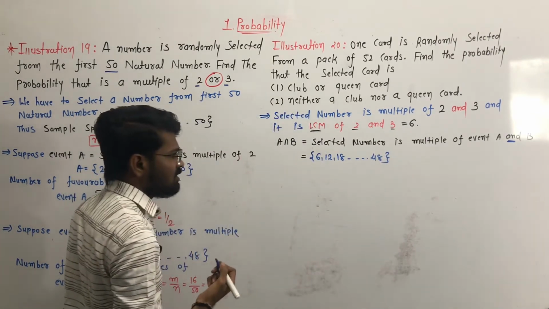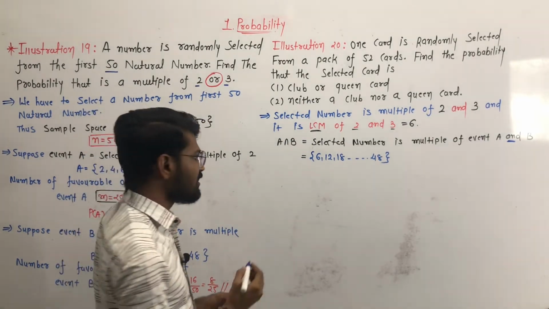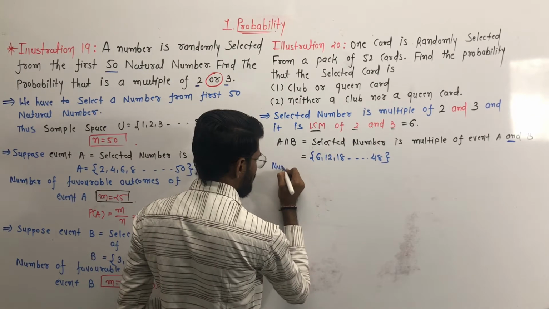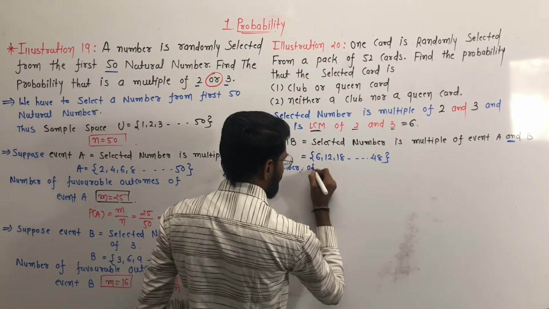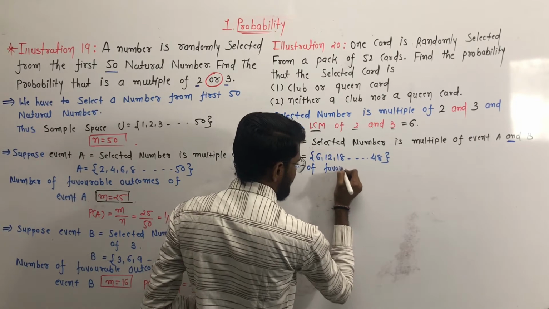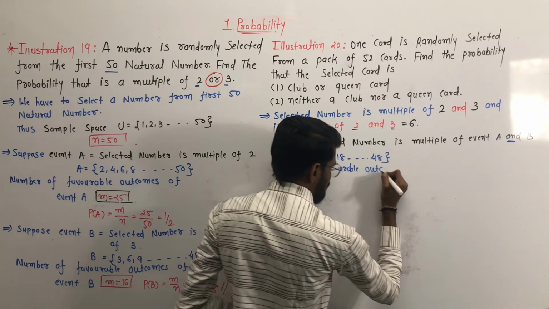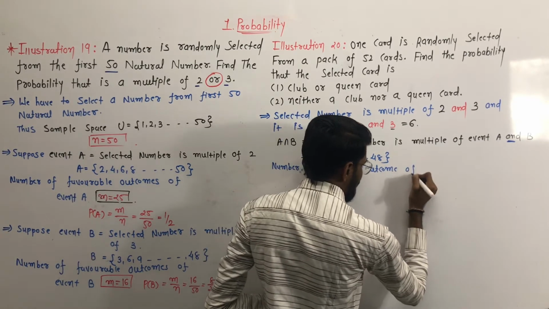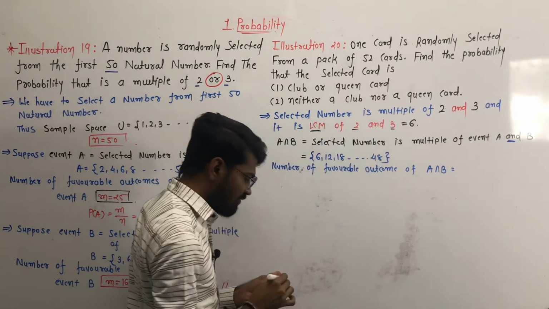Yes, okay. Now how many favorable outcomes in the intersection of event A and B? Number of favorable outcomes of intersection of event A and B is equal to, how we can find it?